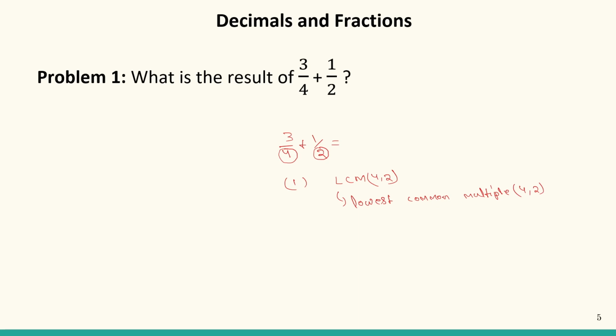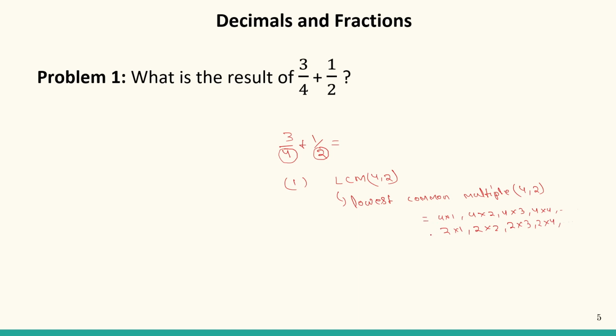We already know the steps. First, we need to find the multiples of 4 and 2. Multiples of 4 are 4 into 1, 4 into 2, 4 into 3, 4 into 4, and so on, and multiples of 2 are 2 into 1, 2 into 2, 2 into 3, 2 into 4, and so on.